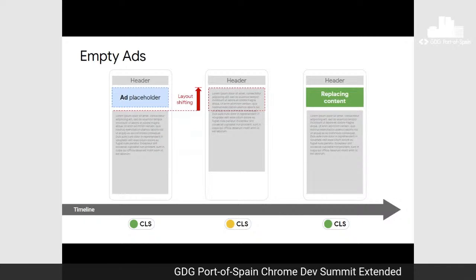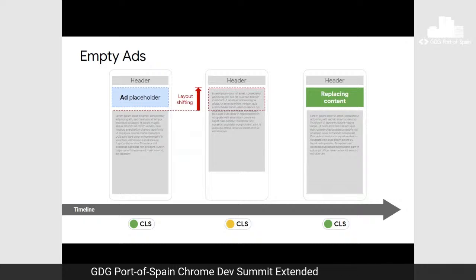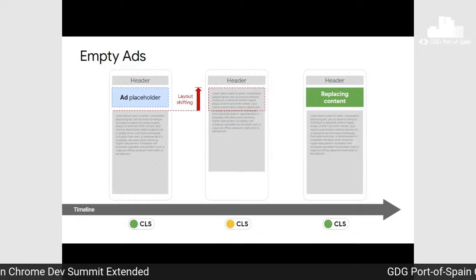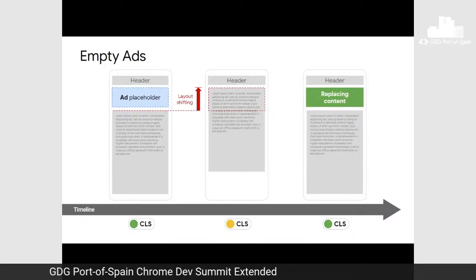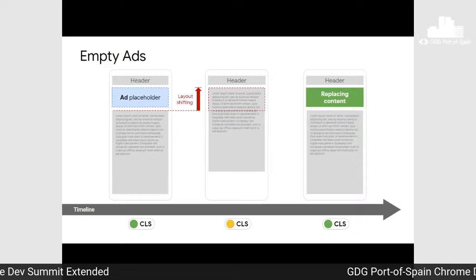Another way these shifts can happen is if you were to show an ad that has been collapsed or is no longer relevant to users. So when you want to hide the ad, content shifts back up. One way of getting around that is simply to put in some kind of replacement content to avoid the shifting.